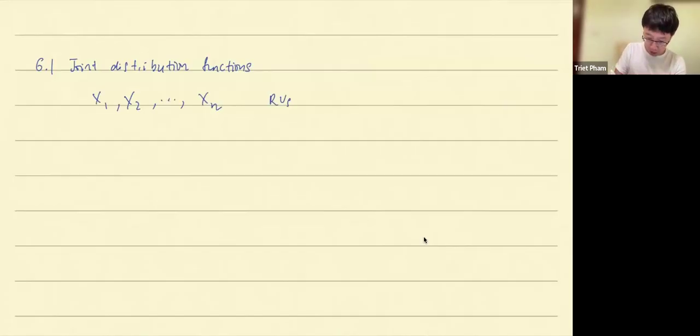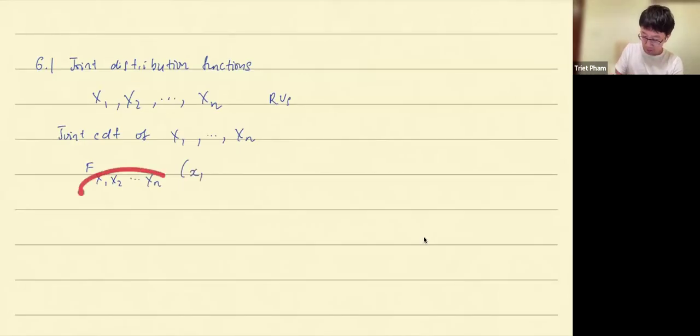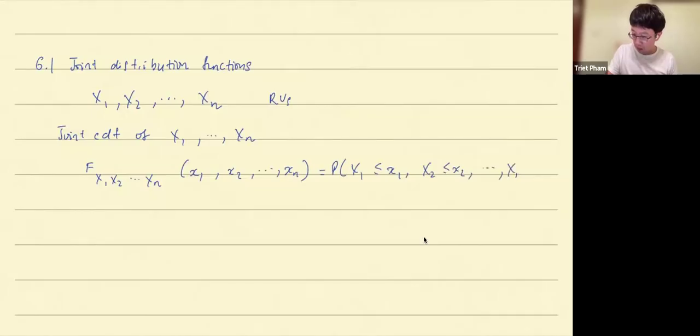Then we can look at the joint CDF of X1 to Xn as F. You can do this to signify that you're looking at the joint CDF of these random variables, which is the probability that these random variables are below these values or equal to.